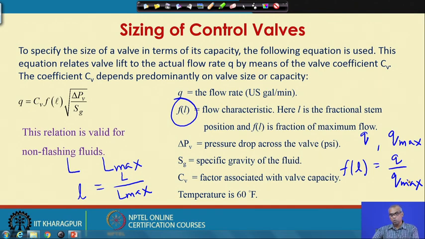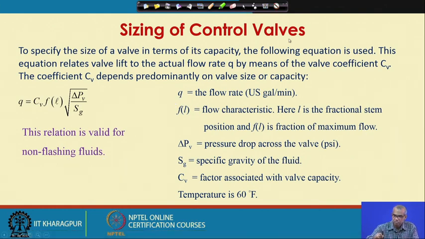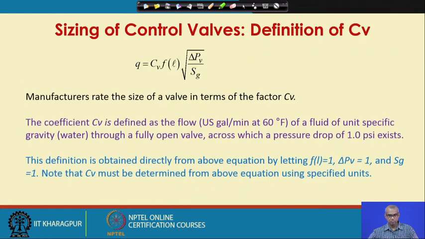When we talk about this flow, we consider the temperature to be kept at 60 degrees Fahrenheit. The manufacturers rate the size of a valve in terms of the factor Cv. So, manufacturers will specify the size of the valve in terms of valve coefficient Cv.